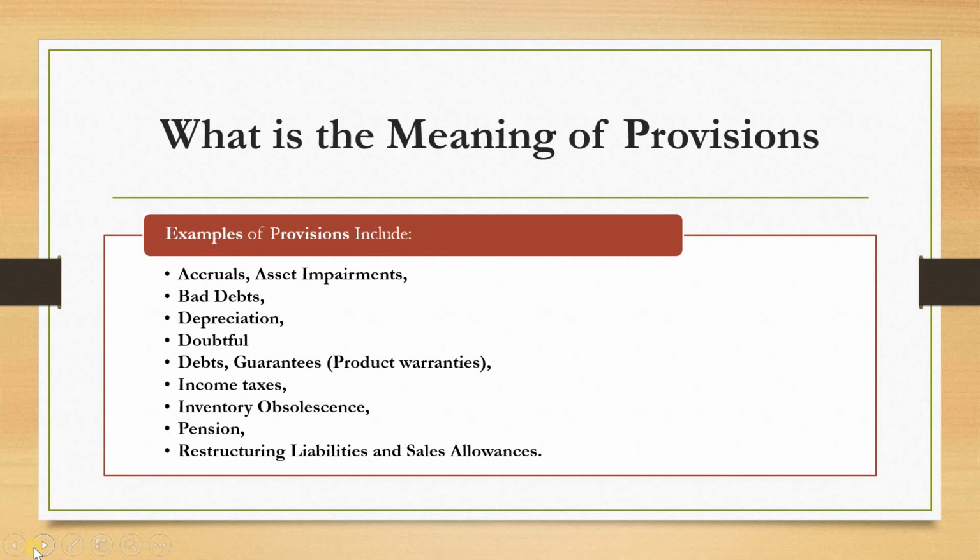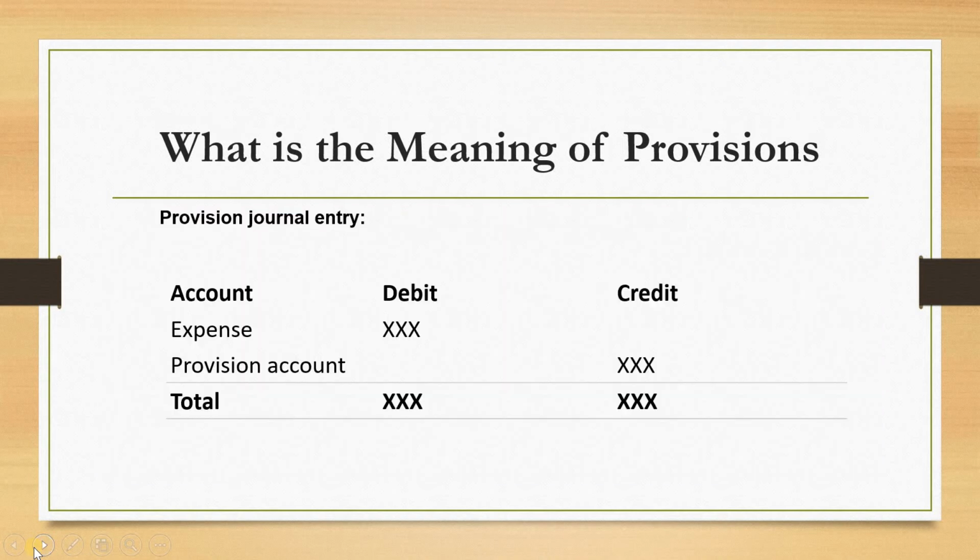Examples of provisions include accruals, asset impairments. Yes, asset impairments are also provisions because we don't know when our asset will get impaired. Then bad debts, again unpredictable, depreciation, doubtful debts, guarantees, income tax, inventory obsolescence, pension, restructuring liabilities and sales allowance.